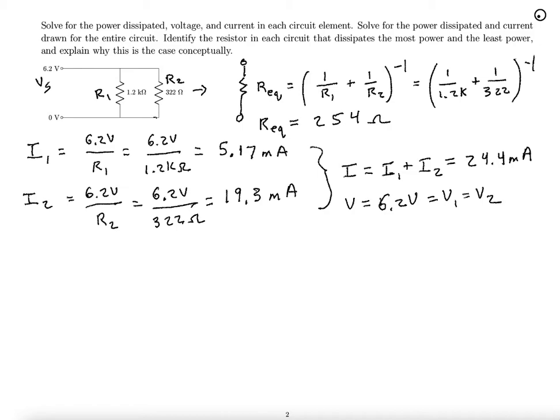We have to multiply these numbers together to get the power dissipated. Let's start with the total power in the circuit. P is going to be the supply voltage times the total current, or 6.2 volts times 24.4 milliamp.